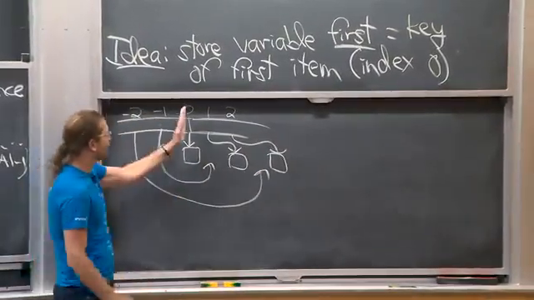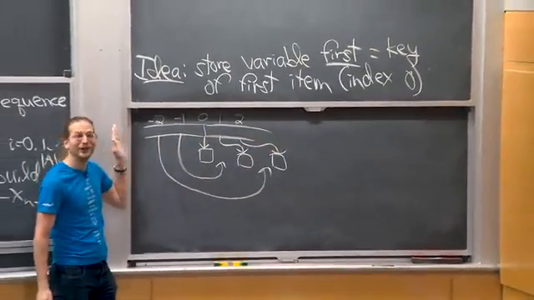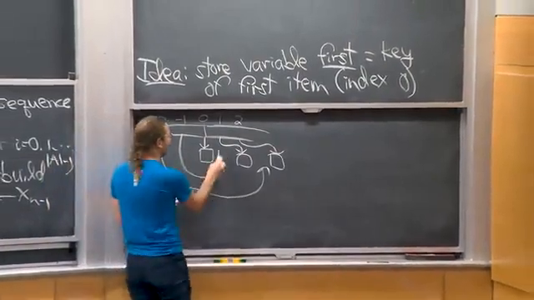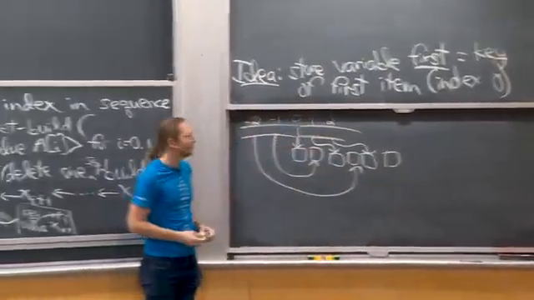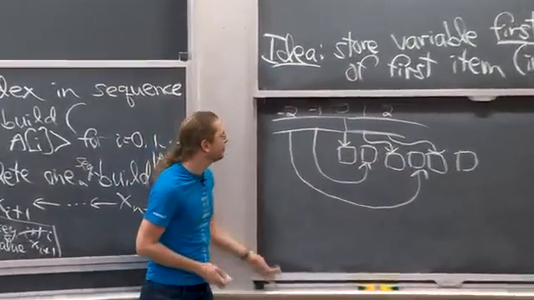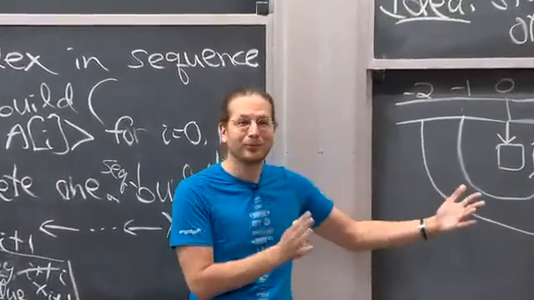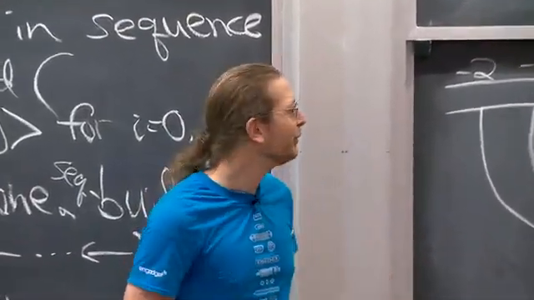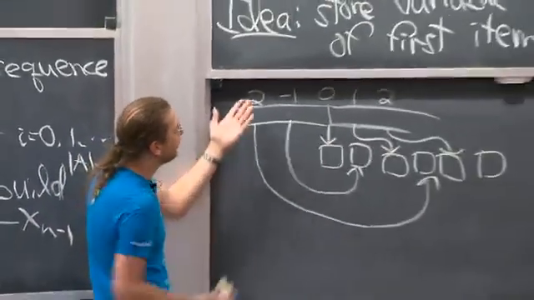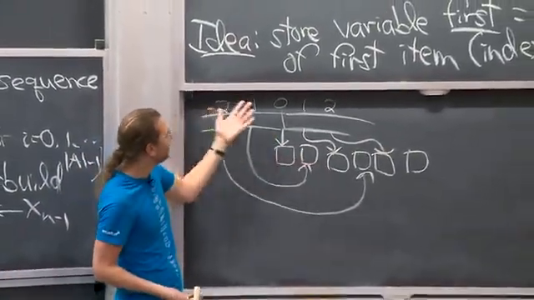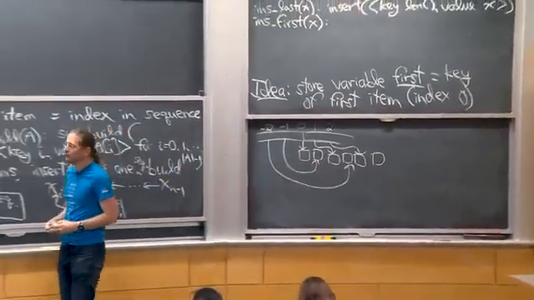So this is like multiplying each of these guys by 2 and multiplying each of these guys by -2 and adding 1. And then you get non-negative integers out of all integers. This is a typical math trick for showing that the number of integers is equal to the number of non-negative integers, which may seem weird to you, but they're both countably infinite. So if your structure only supports non-negative keys, you could map negative keys in this way and throw them into the hash table.